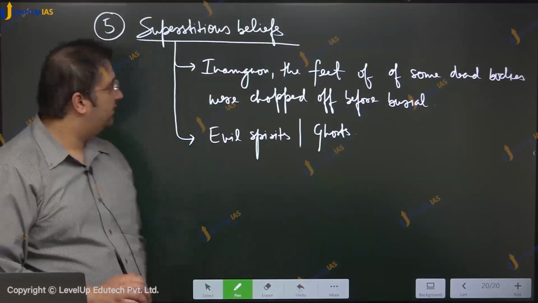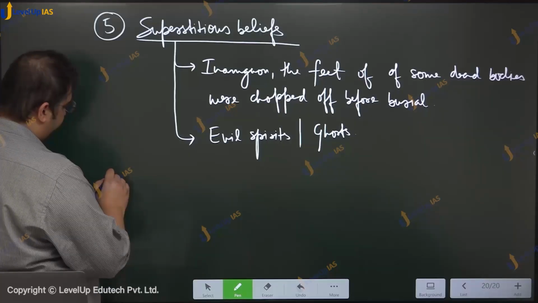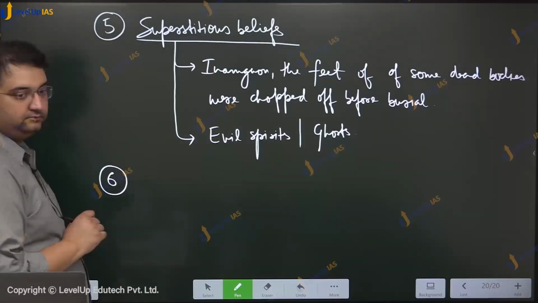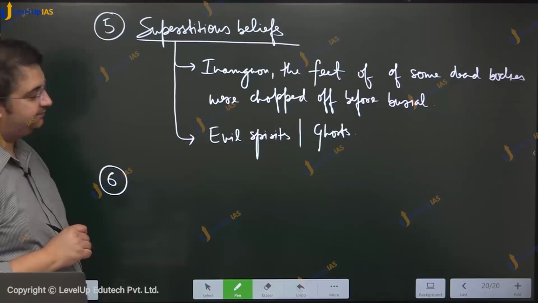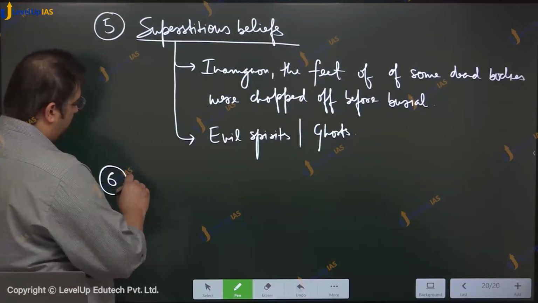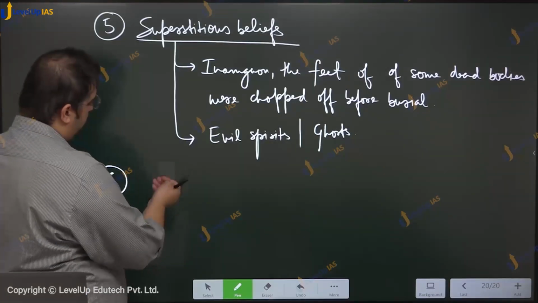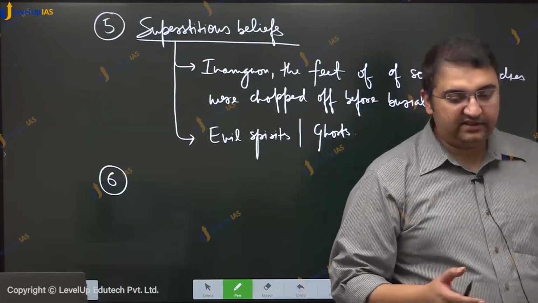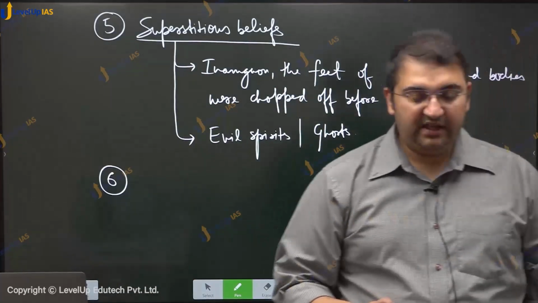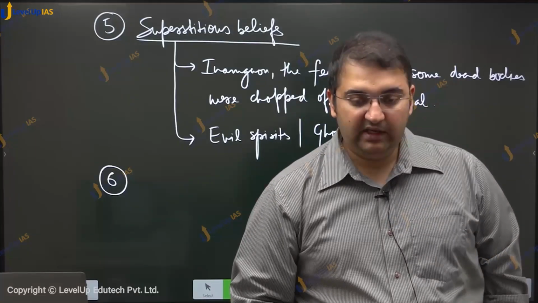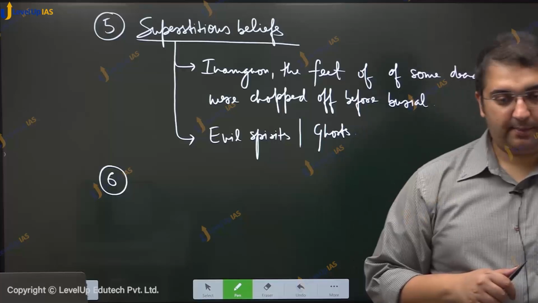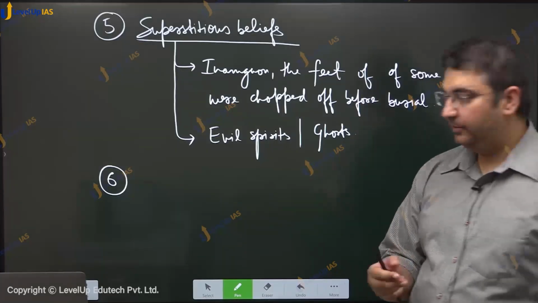Okay, write the next one. Number 6. The degree of ritualism, did that remain the same, or does that seem to be rising during this period as compared to the Neolithic age? It seems to be rising.